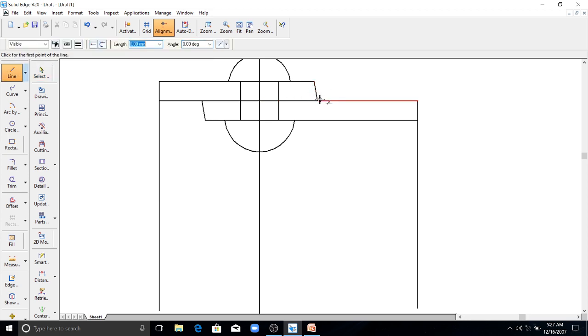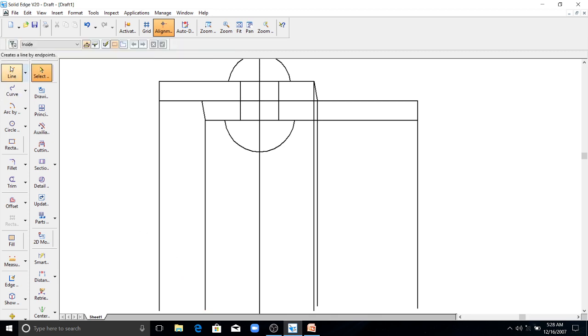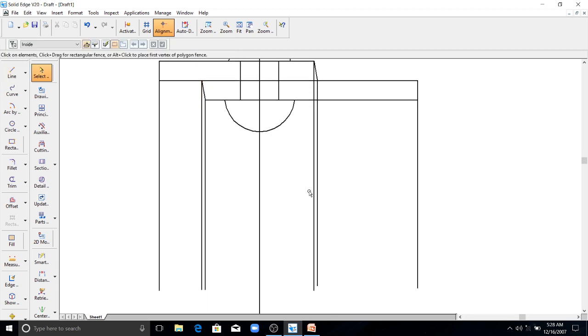Since we have a taper line here, you will get two lines. Similarly, you get two lines here. Now the first rivet we can draw in any portion.